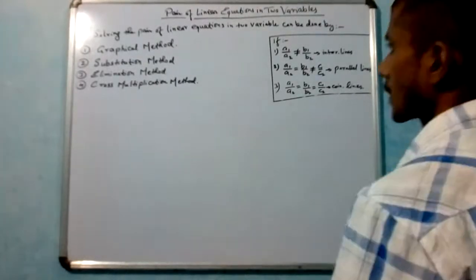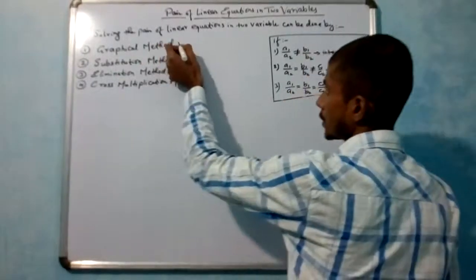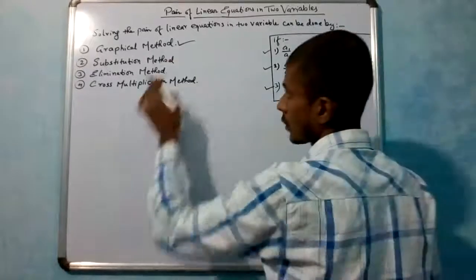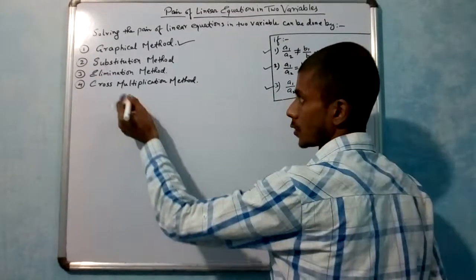Fine. So graphical methods we have seen. Okay, this also we have discussed. Okay, so next is what? Substitution method, no?